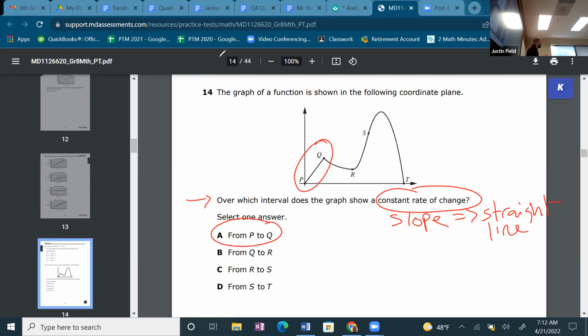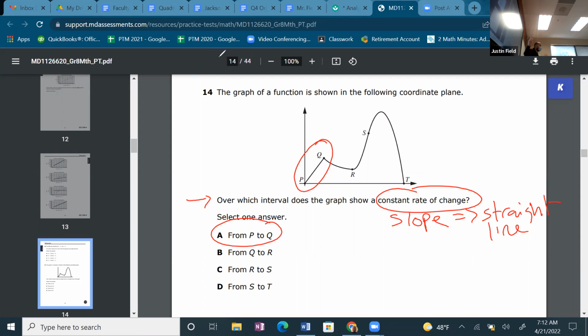Even so, having the education that you had this year, knowing how much homework you've done, you might look at this question and say, I've never seen a graph like that. We don't really talk about graphs like this in 8th grade, do we?